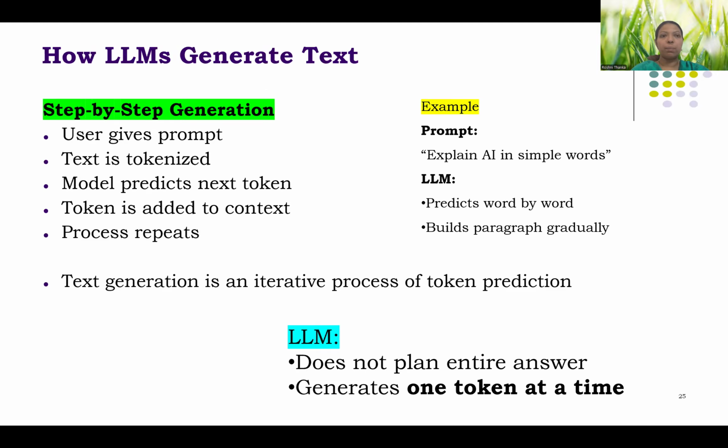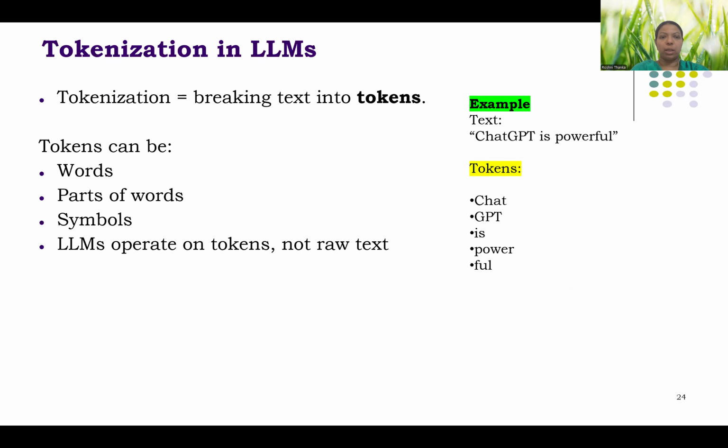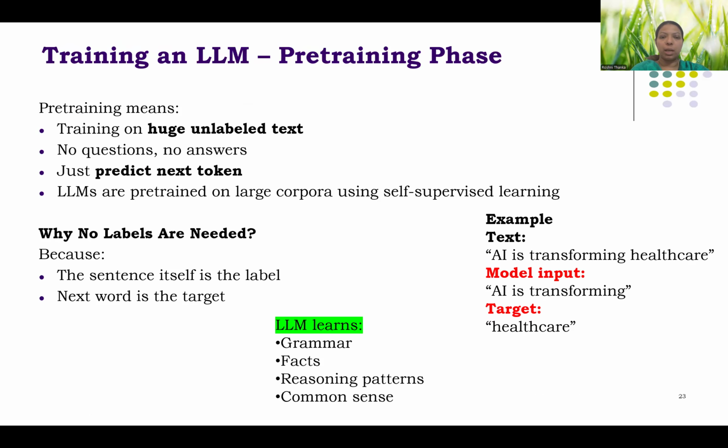Whenever we give a prompt, it does tokenization. We call it tokenized. Then the model will predict the next token, and that token will be added to the context, and then it will predict the next target.